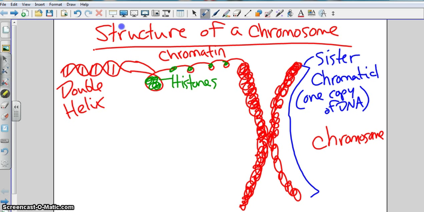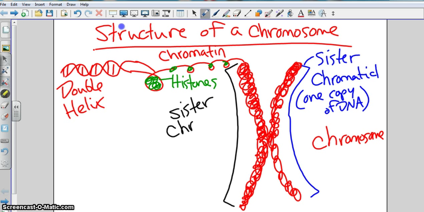So what do you think the other side represents? The other copy of DNA. So this other side is also called a sister chromatid. Chromatid with a D. You heard it first here from Mr. Hall.